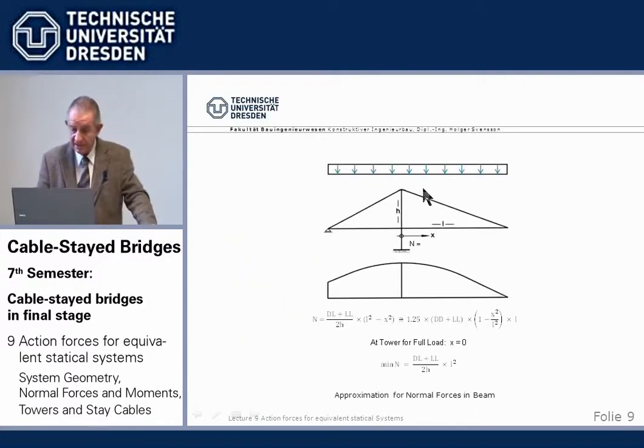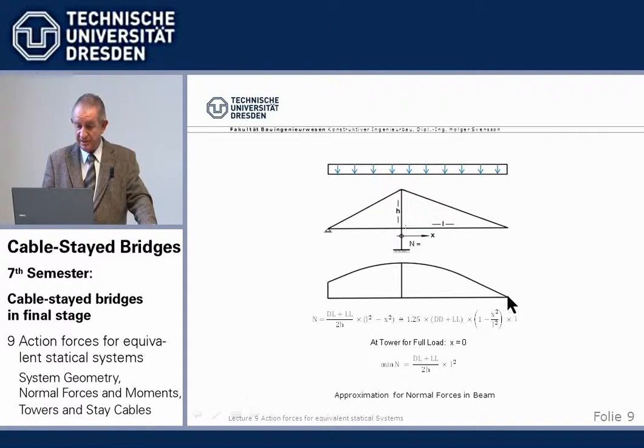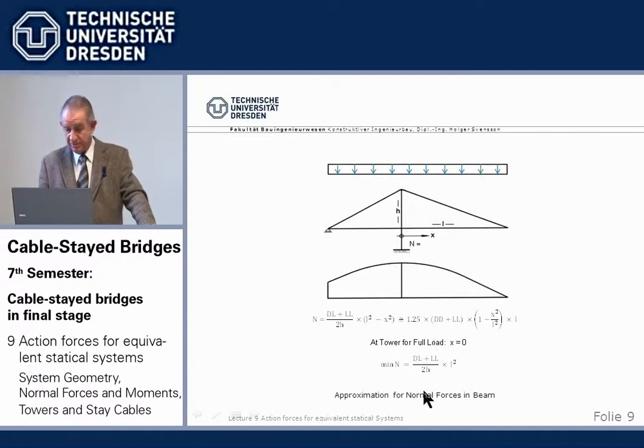We can summarize the thing: if we have a continuous load, be it permanent load, be it uniformly distributed live load, and we assume that the stay cables are very closely spaced, we can say, okay, the normal force runs in the shape of a parabola, and at the tower we have a very simple formula.